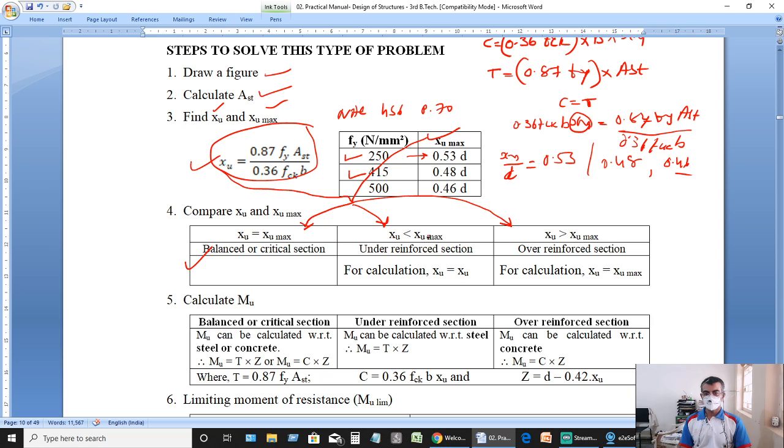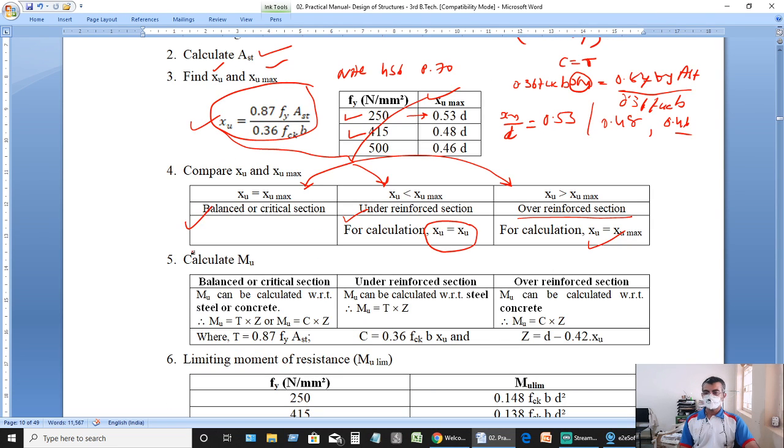If XU is less than XU max, then it is an under reinforced section, and in calculation you have to consider XU as it is. If XU is greater than XU max, it is called an over reinforced section, in which you take XU equal to XU max.